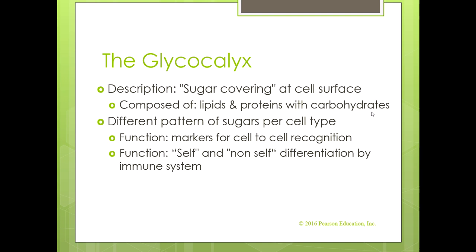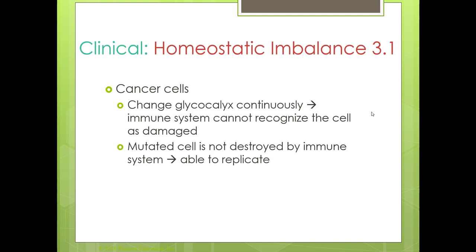Another kind of weird thing that happens with the glycocalyx is cancerous cells. Cancerous cells are cells of our body, but they can alter their glycocalyx pattern, and they can do this at such a pace that our body's immune cells don't recognize that these are damaged body cells. They just don't have the ability to keep up with it.